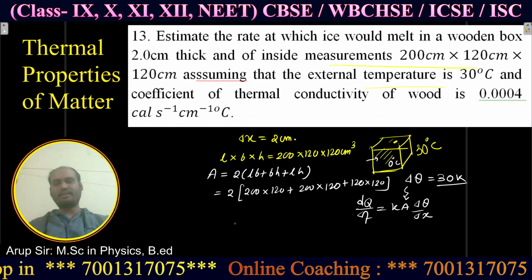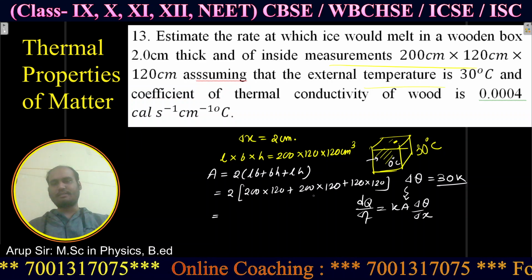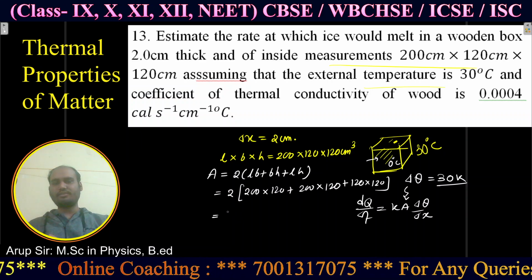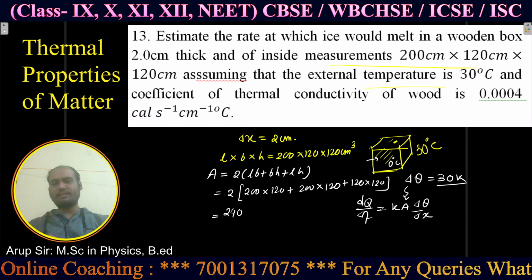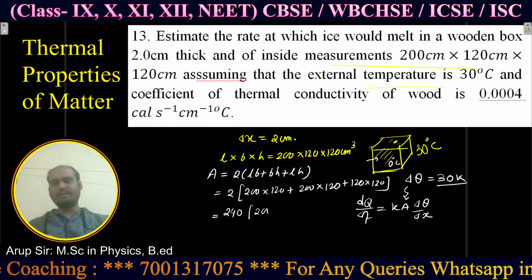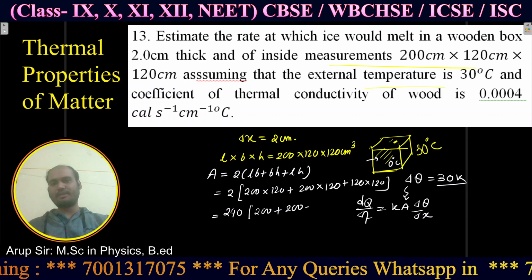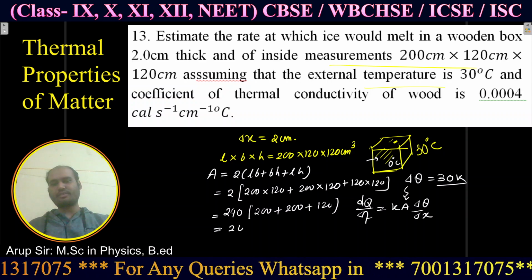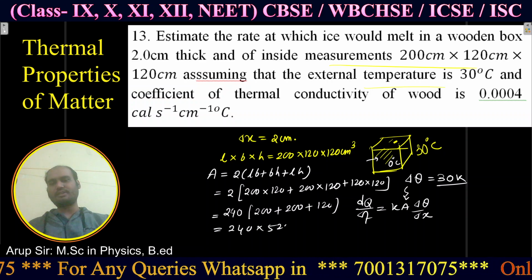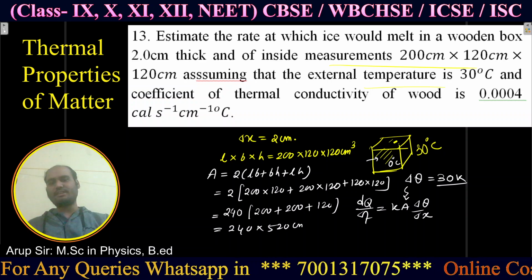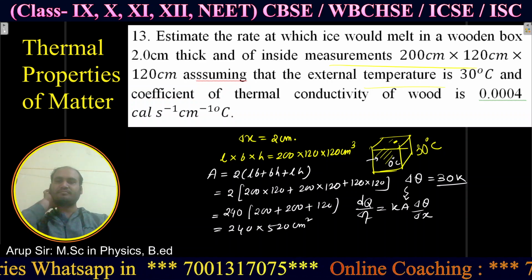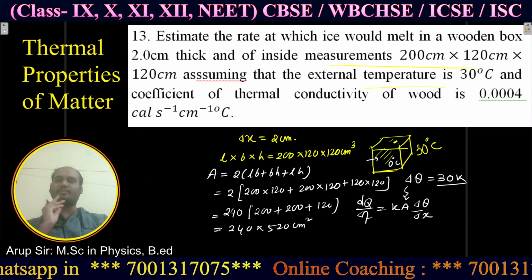What I will get: 120 we can take common, so 240, 2 into 120 is 240, and 200 plus 200 plus 120 is simply 520. So 240 times 520 is the total surface area in centimeter square, the total surface area of the cuboidal box.